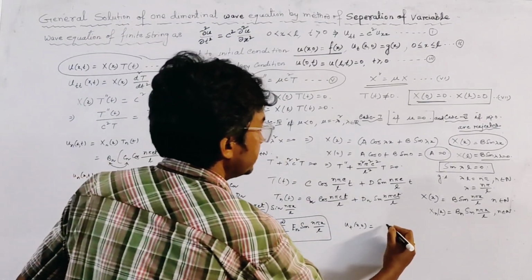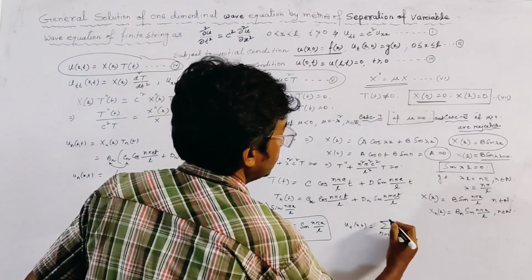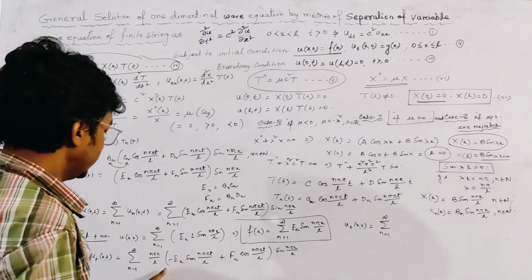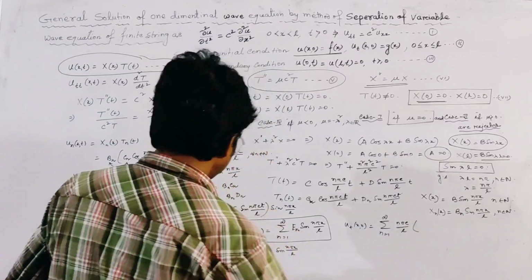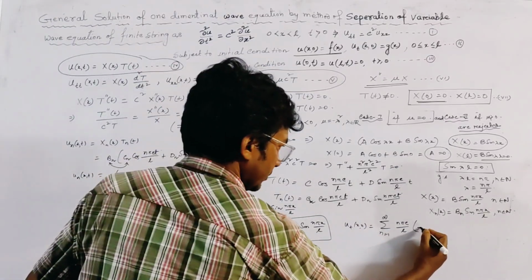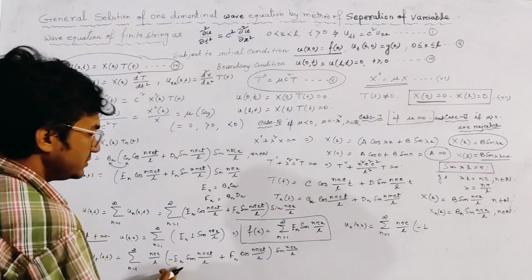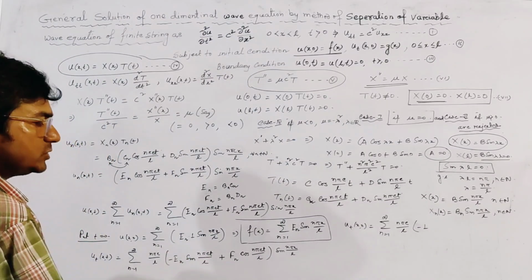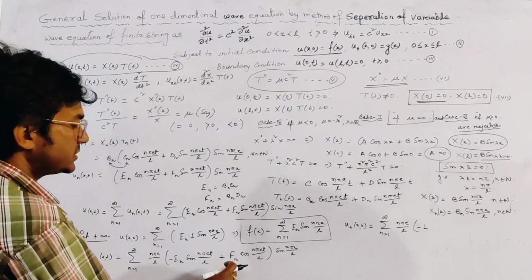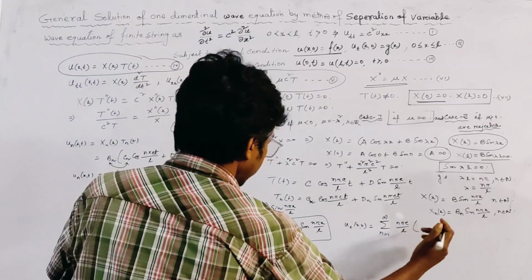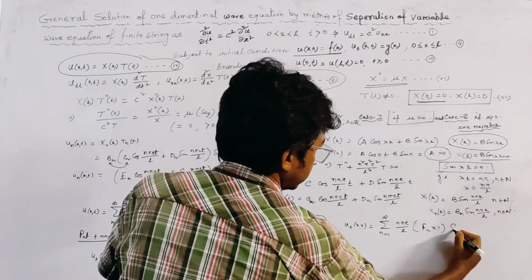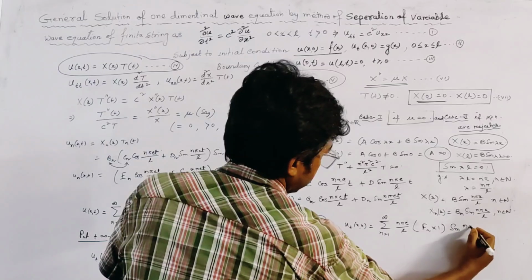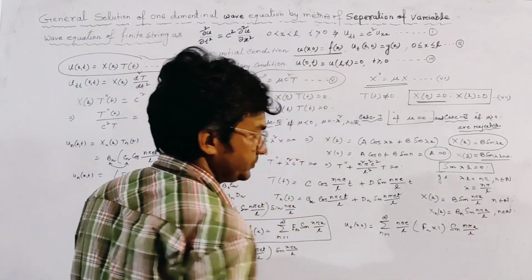This is summation n equal to 1 to infinity, n pi c by L into minus E_n into 0, because sin 0 is 0, and this term is F_n. Here we get F_n into 1 and this is sin(n pi x by L).